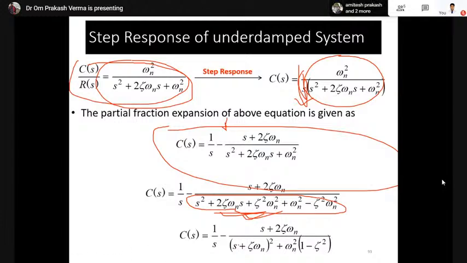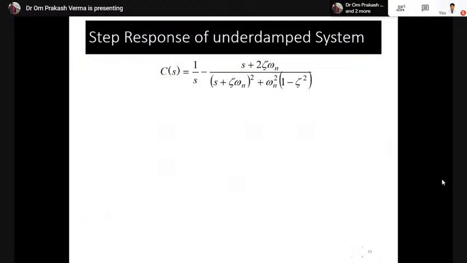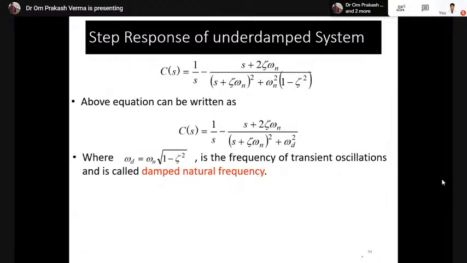So this one is nothing but s plus zeta omega, minus e to the power minus something into t into something, right? So this is, if it's written, in the root under 1 minus zeta square. And omega n square, so the equation becomes like this.